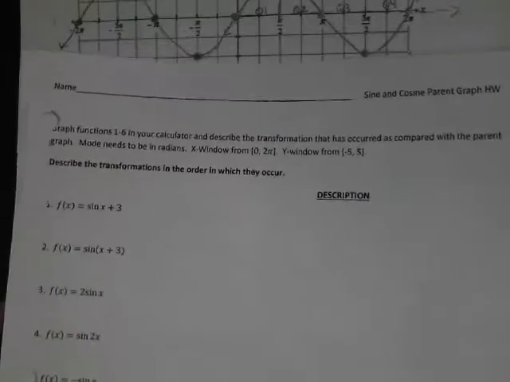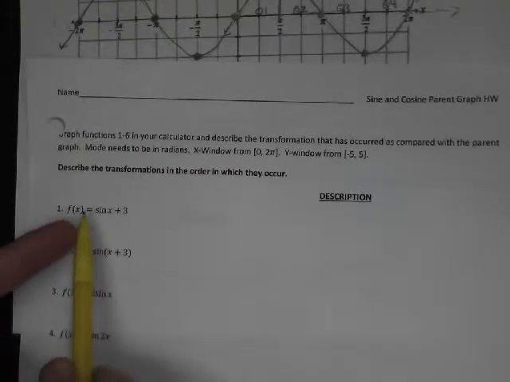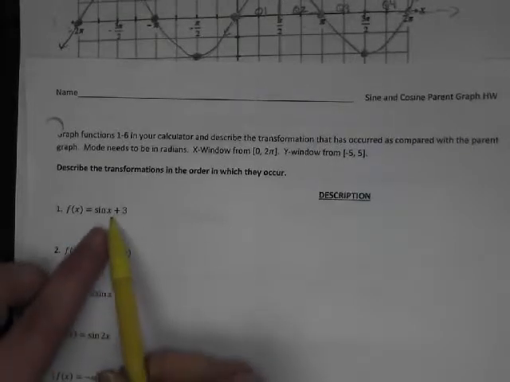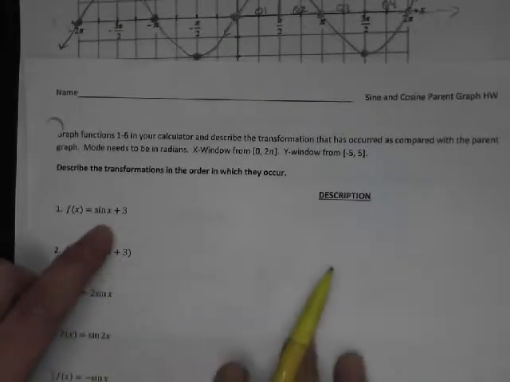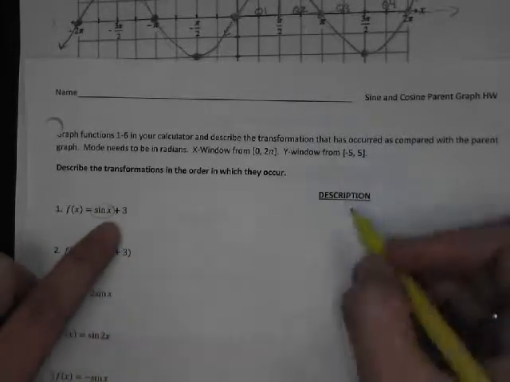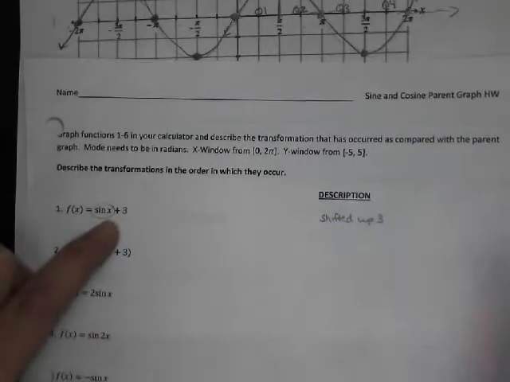I'll show you quickly. It asks you to graph the functions on your calculator, so you'll just type that into your calculator, always making sure you're in radians, and then compare it with the parent graph. So I'll even show you this one, and you can just remember for when you do get your homework. This is the sine parent graph with a plus 3, which means it's been shifted up 3.